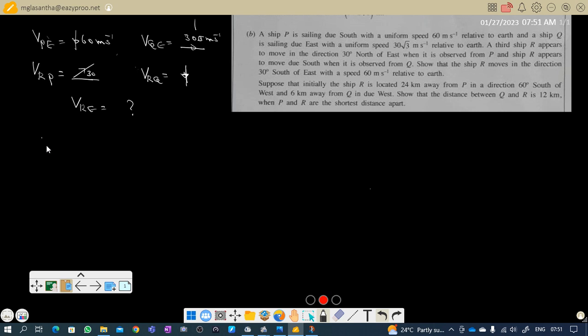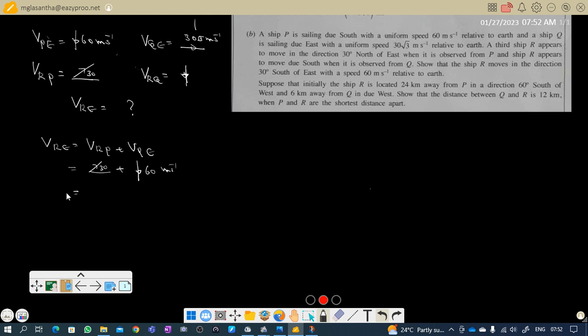So VRE equals VRP plus VPE by the relative velocity principle, right? Here VRP is at 30 degrees, and VPE is 60.